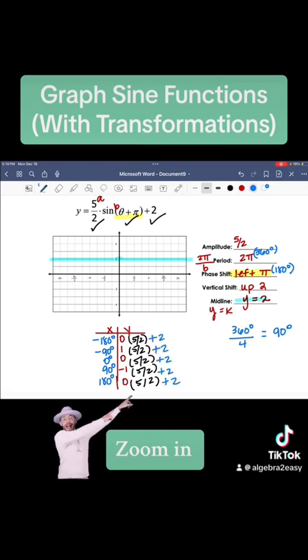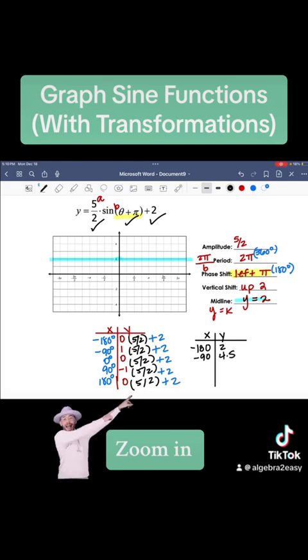I like to simplify my table before I start graphing, so let's do that. Make a new table. We're going to be at negative 180. And then 0 times 5 over 2 plus 2. I'm going to get 2. Negative 90. 1 times 5 over 2 plus 2. Well, that's 2.5 plus 2.